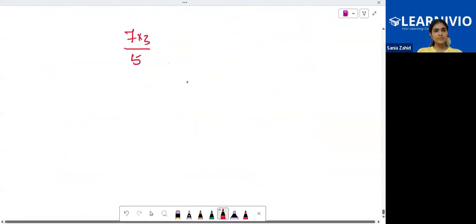This one? Is this the question? Yes. What do you have to do in this? We have to make it to the lowest form. This mixed fraction can't be converted.